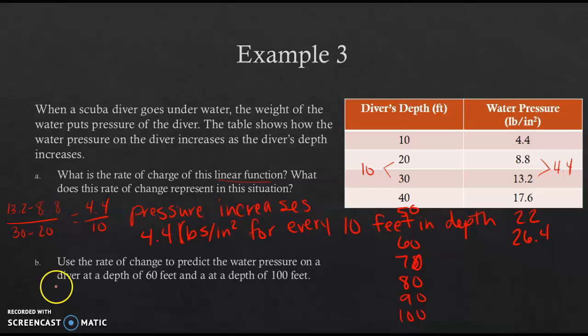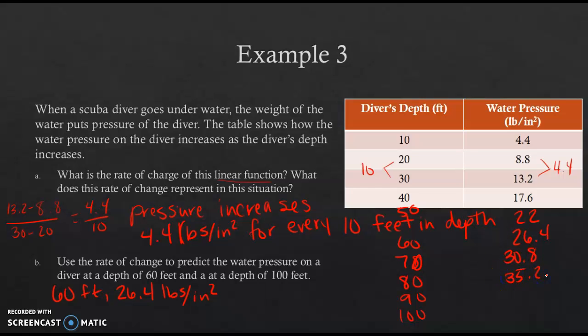So at 60 feet, we're at 26.4 pounds per square inch. Then I'm going to add another 4.4 and we get 30.8. Add another 4.4 and we get 35.2.